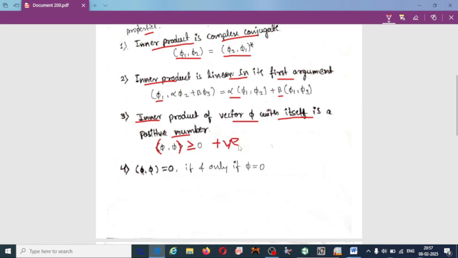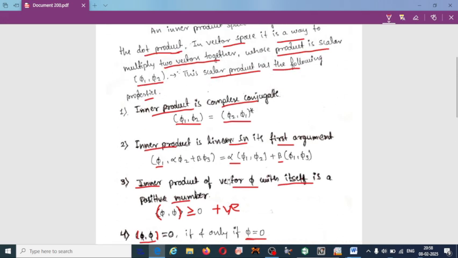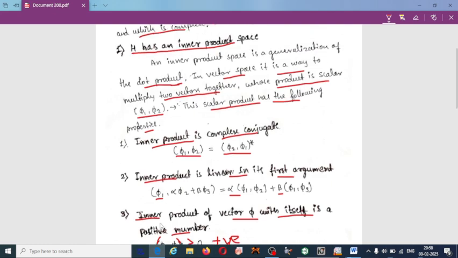This you should remember. And fourth, the inner product of a vector with itself is 0 if and only if the vector phi itself is 0. So these are the properties of inner product space.